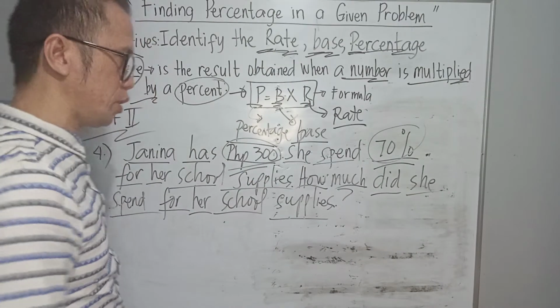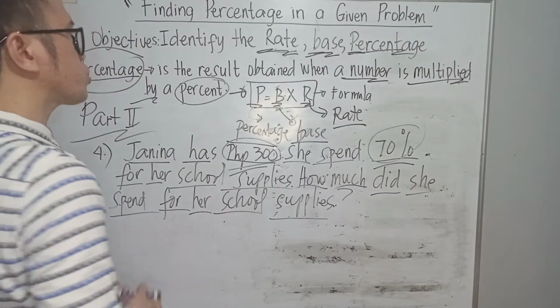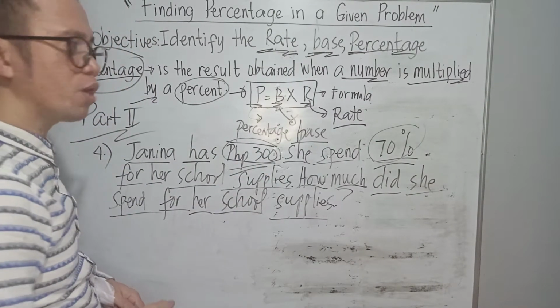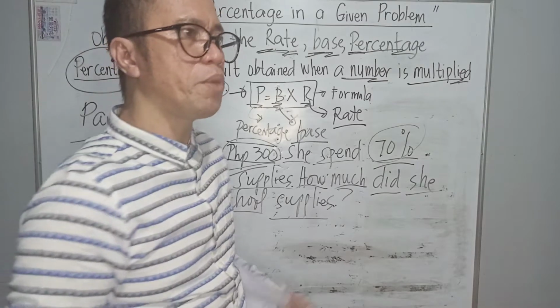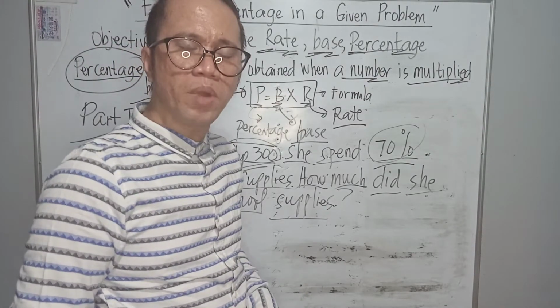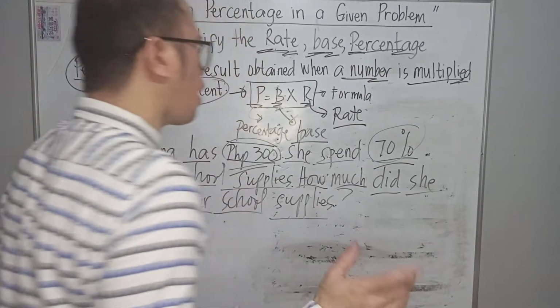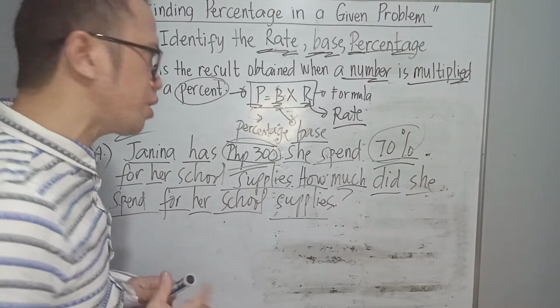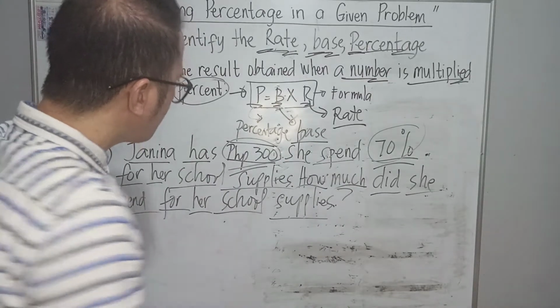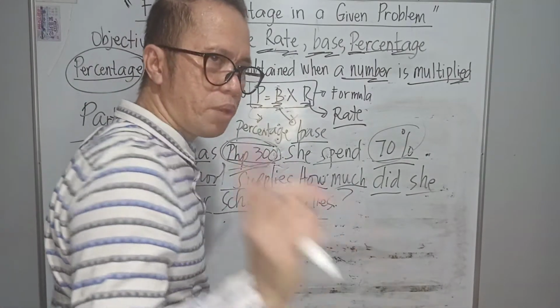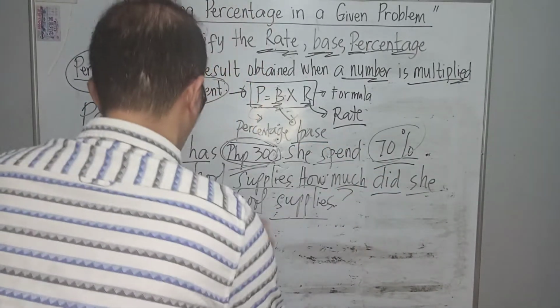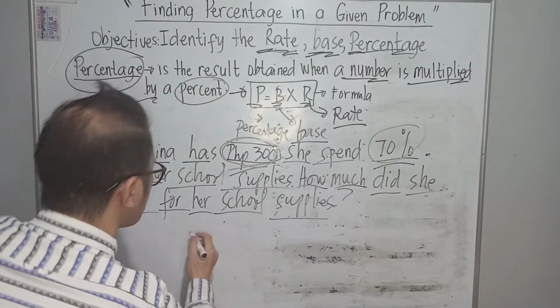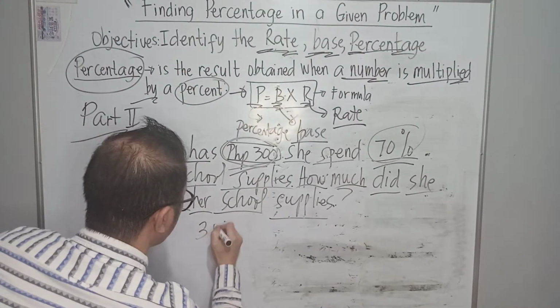To find the answer, we're going to use our formula: P is equal to B times R. Our percentage equals base multiplied by rate. Let us find first the base. In our given problem, the base is 300 pesos. So we have 300.